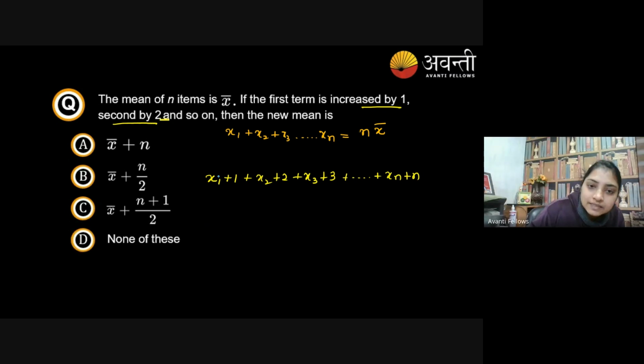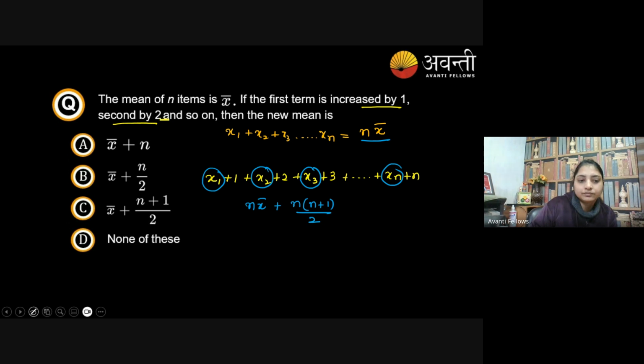Can you guys see that x1 plus x2 plus x3 up to xn, their sum, is equal to n into x bar, plus 1, 2, 3 up to n? I told you this formula in sequence and series, that it will be equal to n into n plus 1 divided by 2. Yes or no? So it's the new sum.